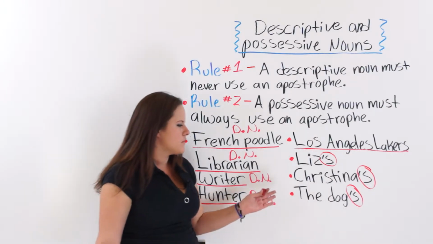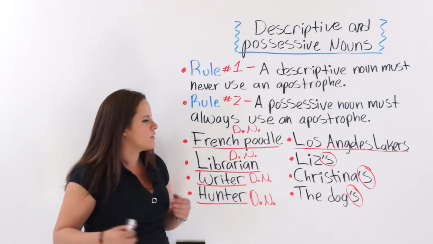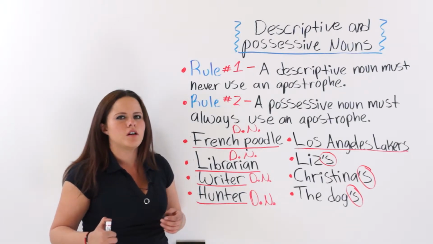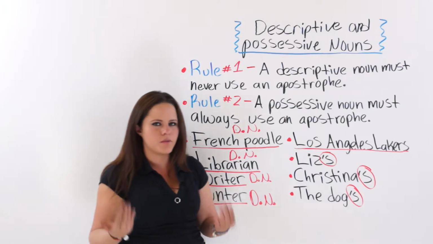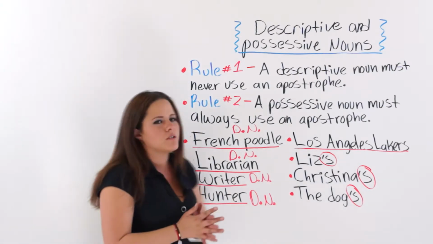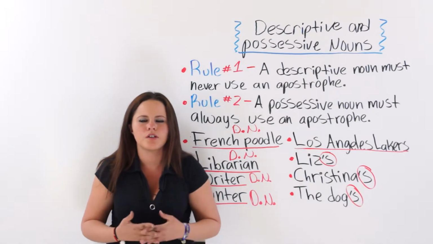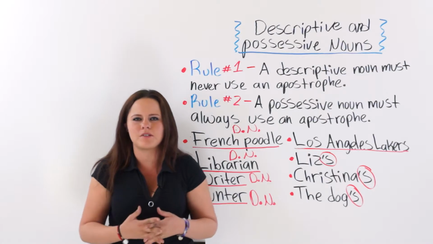We have an apostrophe and an S after the subject, so we know that it is also a possessive noun or possessive form of the noun. Next, I will give you some practice words and more examples so that you can master this subject.